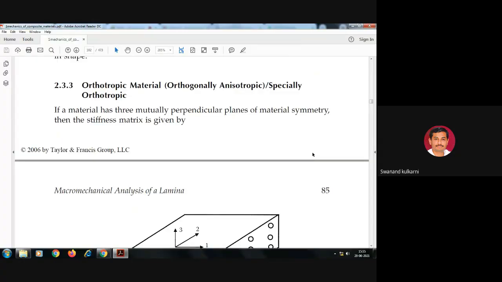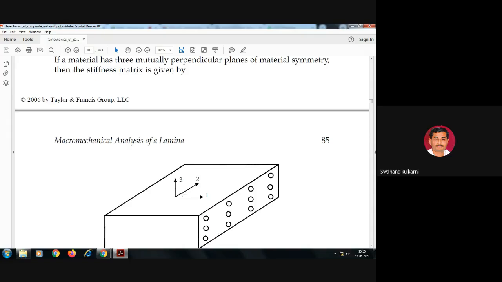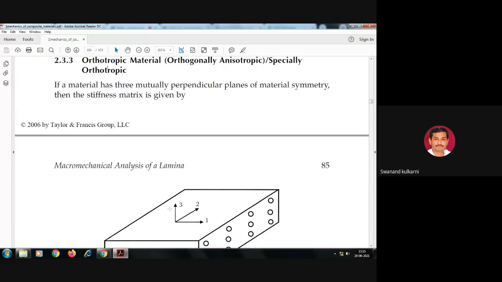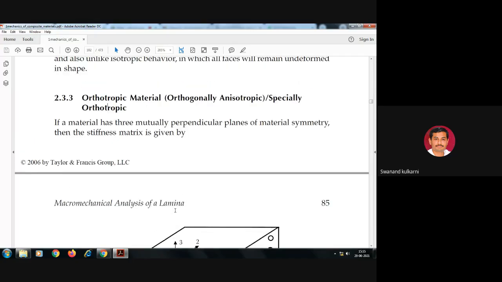So here, do understand first of all what is meant by orthotropic. As the name suggests, ortho means perpendicular. If the properties of the material remain the same in perpendicular directions, suppose in direction 1 and in direction 2 properties are the same, but in direction 3 material properties are not the same, so in two directions material properties remain the same, but in one direction it is changing only.